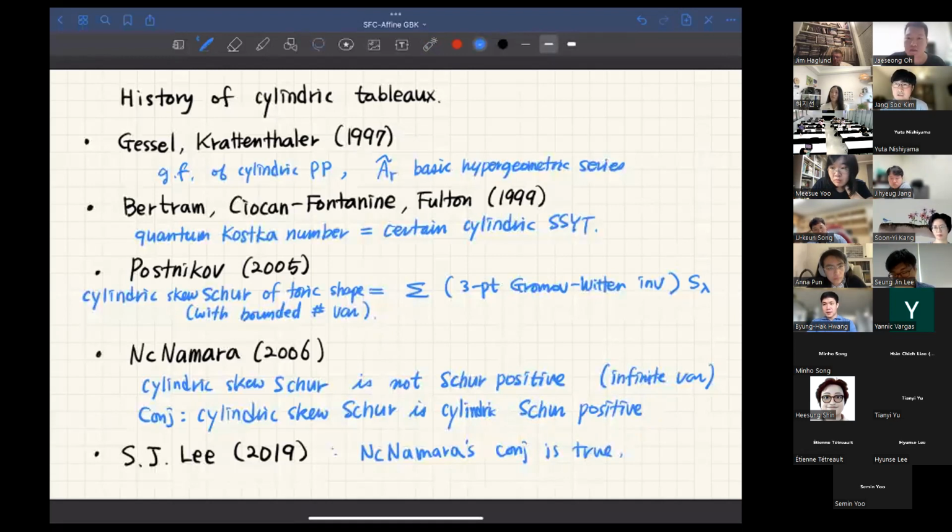That I don't know, and I don't think much work has been done combinatorially on cylindric standard Young tableaux. So I think if you can generalize many interesting things known for standard or semi-standard Young tableaux to cylindric objects, it would be very interesting. Thank you.